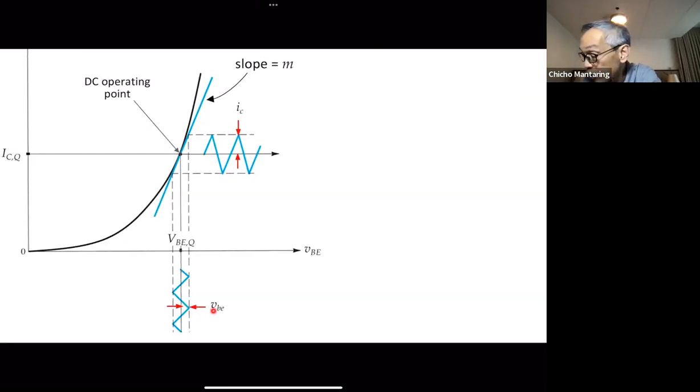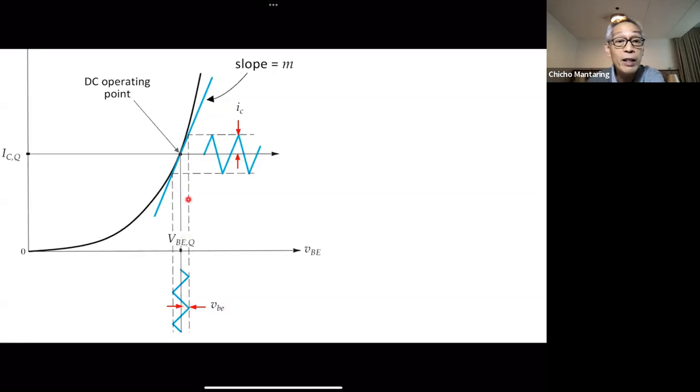That time varying component is now V small be. Again, take note of the subscripts. At this point of the course, the subscripts are very important. They will tell you whether you're dealing with the total signal or the time varying component of the signal. So let's say I have a positive increase in the value of V small be.